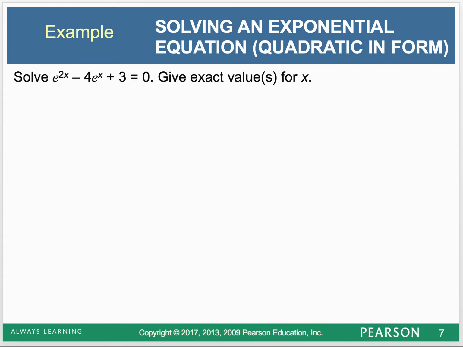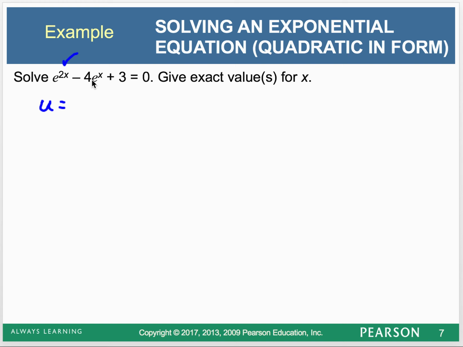All right, so once I recognize that, just to double check it's quadratic in form, remember our second step: if I take this exponent here and multiply it by 2, is it sitting right there? Yes, it is. This is quadratic in form. So remember our step.